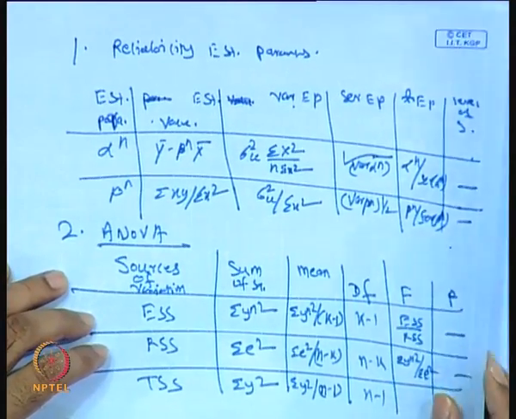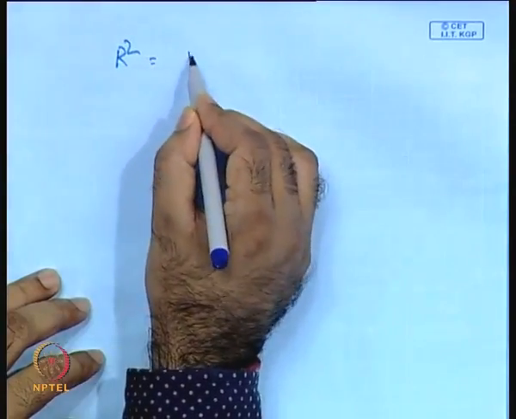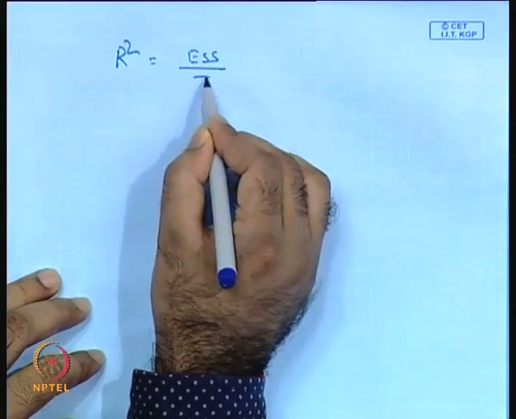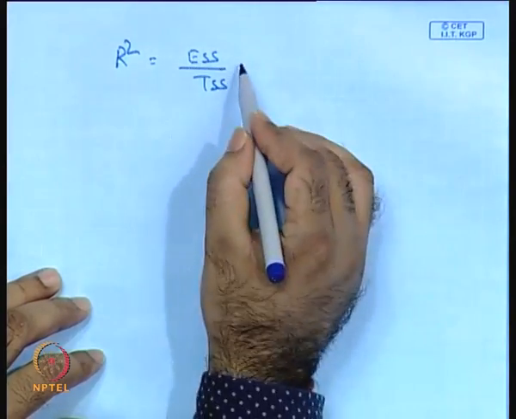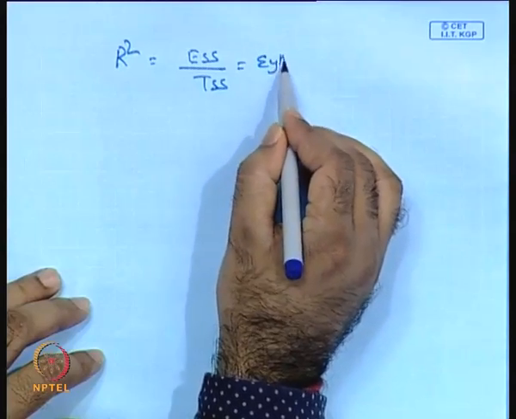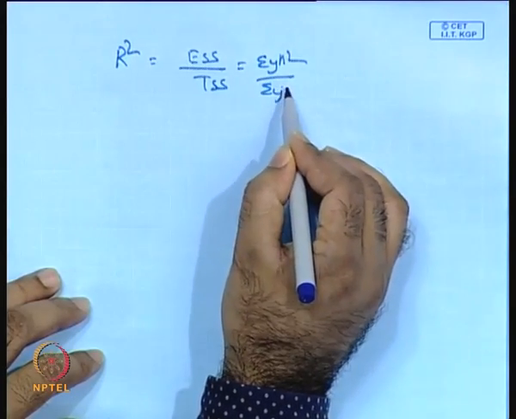Now the fundamental principle is that we like to know R squared, which is nothing but ESS by TSS, in other words summation y hat square by summation y square.